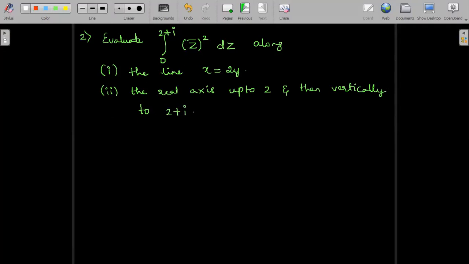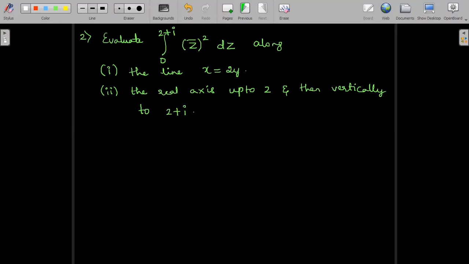So we need to evaluate this given integral of (z bar) whole square dz from 0 to 2 plus i along two different curves. One is a straight line, x is equal to 2y, and the second is along the real axis up to 2 and then vertically up to 2 plus i.